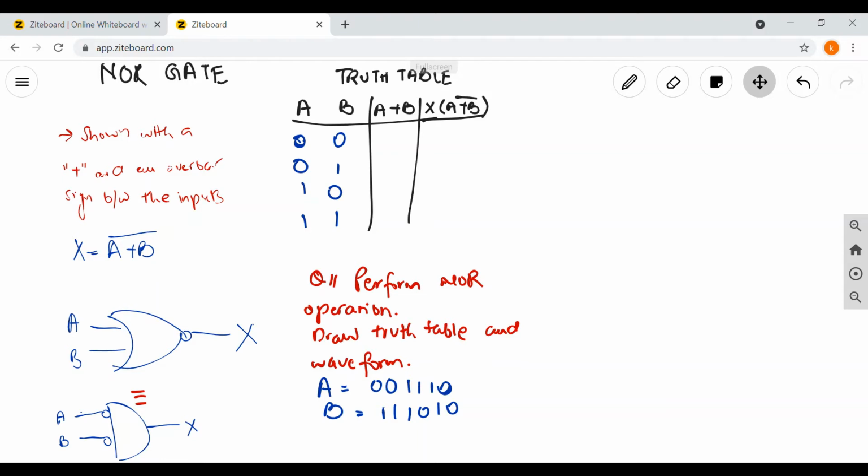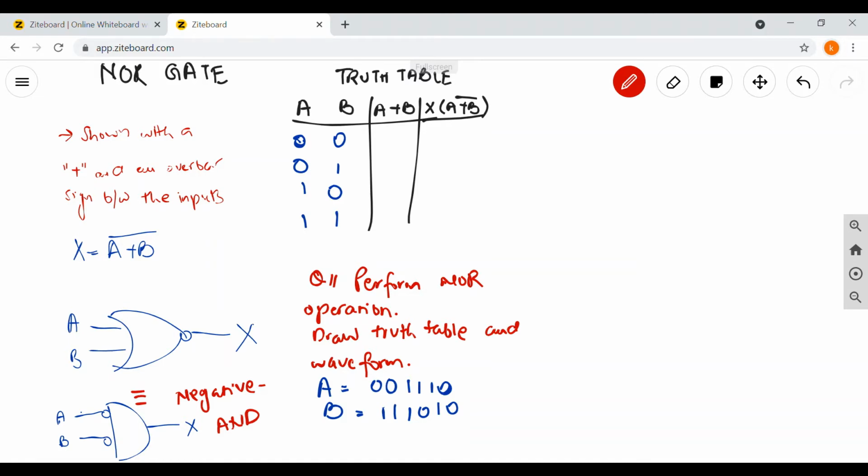The NOR gate is shown with a plus sign and an overbar between the inputs, and this is a combination between the OR gate and the NOT gate. And this gate is also equivalent to the negative AND gate.